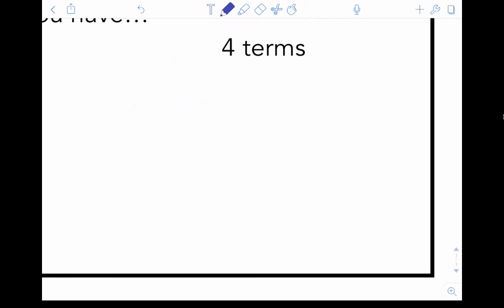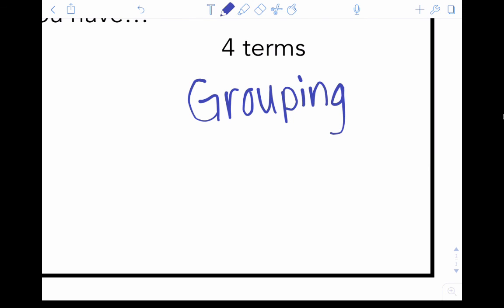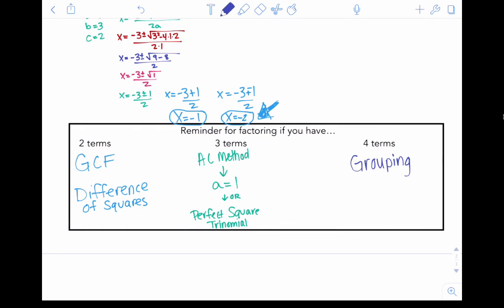If you have 4 terms, the only option you have is grouping. You have to factor by grouping. So when you have a problem in front of you and you're trying to figure out how to factor it, you should look at how many terms you have, and then within the terms, figure out which method you need to use.